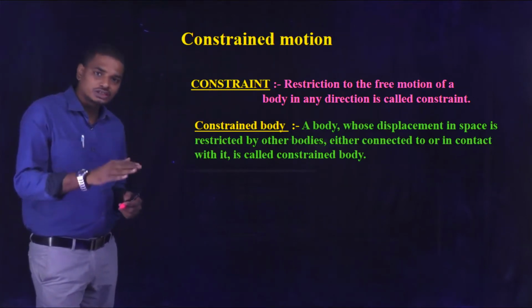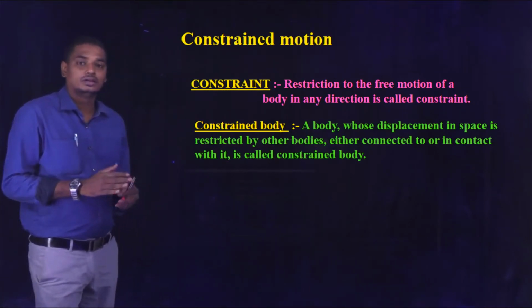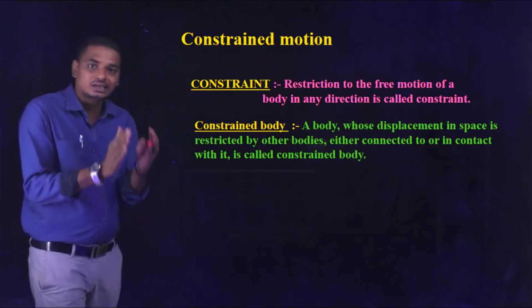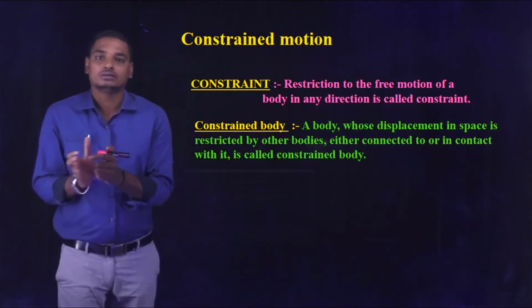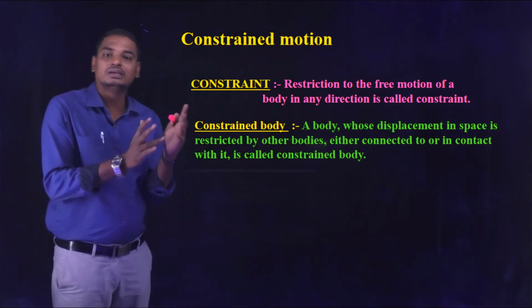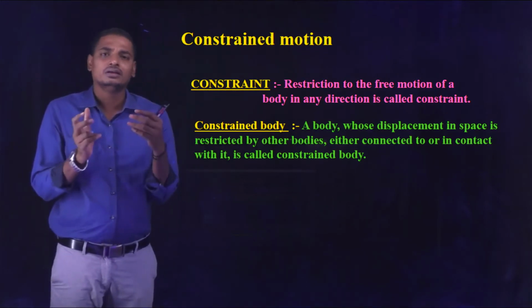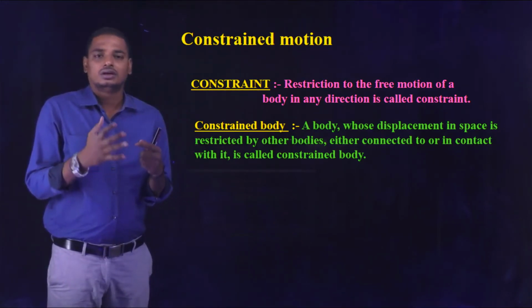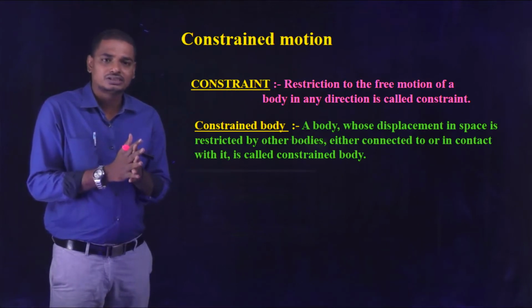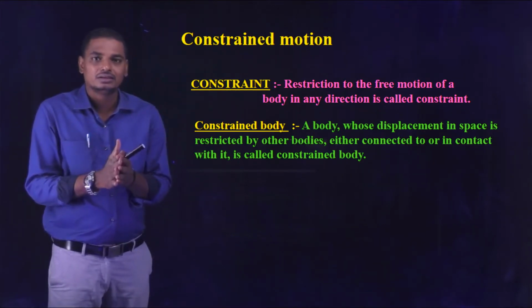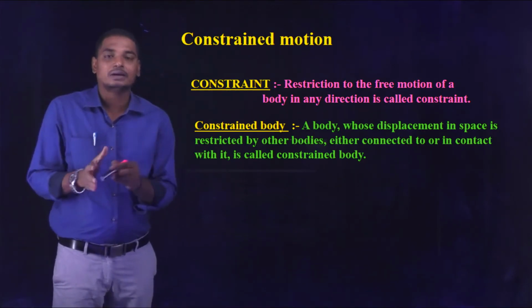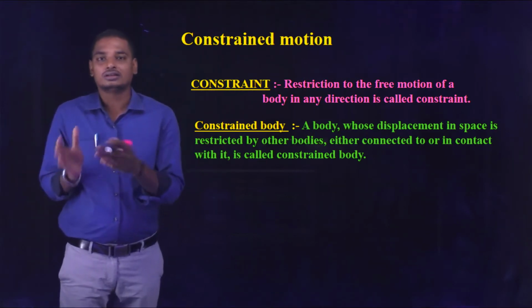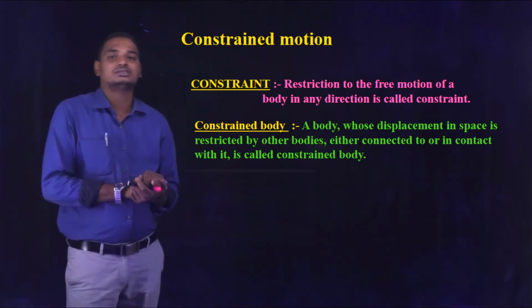Now, constrained motion. If the motion of a block is restricted by another block, then the motion is said to be constrained motion. Here, block may be any object. So if the motion of a body is restricted by another body, the motion is said to be constrained motion.